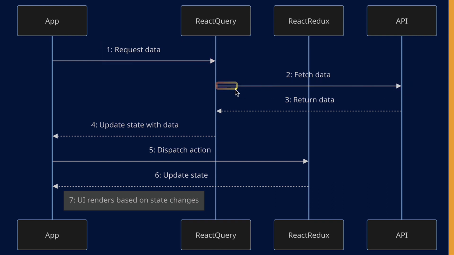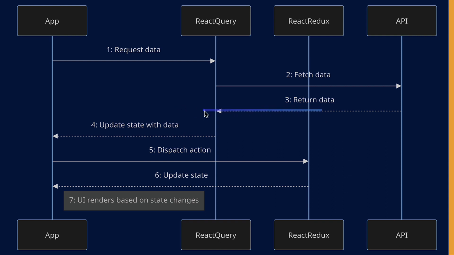As you can see, the request is from React Query straight to our API without needing Redux over here. And as soon as we get the response, it will be sent by React Query to update the UI.